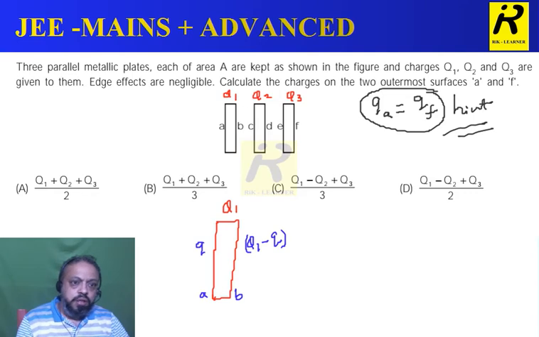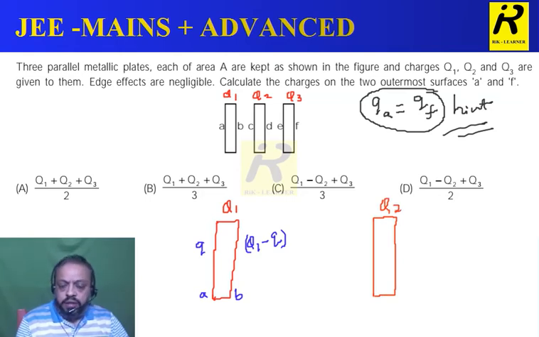Right, so let me take the second plate. In the second plate, the total charge is Q2. And how much charge should exist on sides C and D?